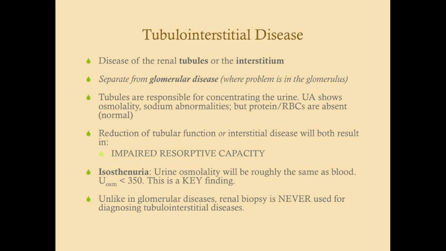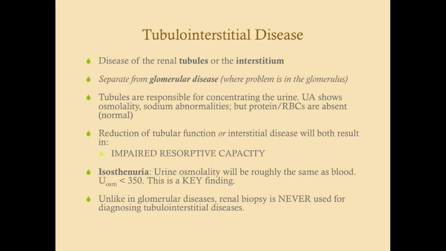And so when we look at the urinalysis in any patient with tubulointerstitial disease, we're going to see problems with the osmolality and sodium abnormalities, but we're not going to see real big changes in protein. We're not going to see elevated protein. We're not going to see elevated red cells. Those should be normal. So the main problem is going to be in the osmolality and in the urine sodium.